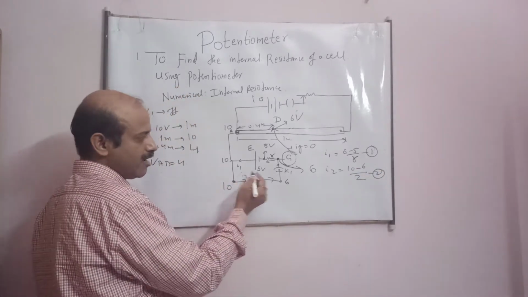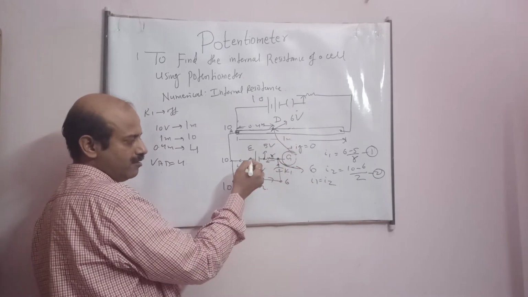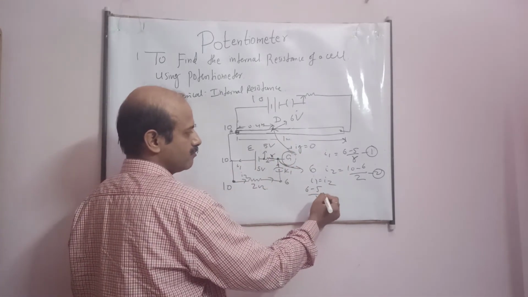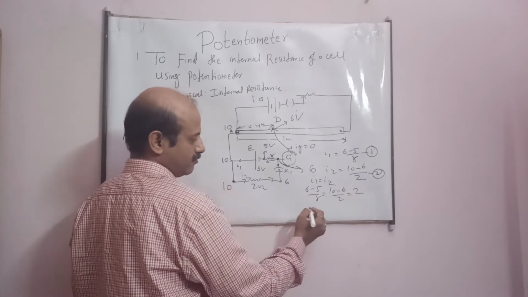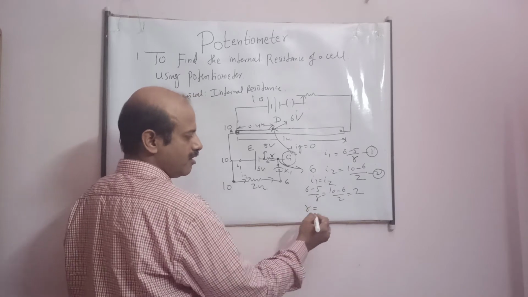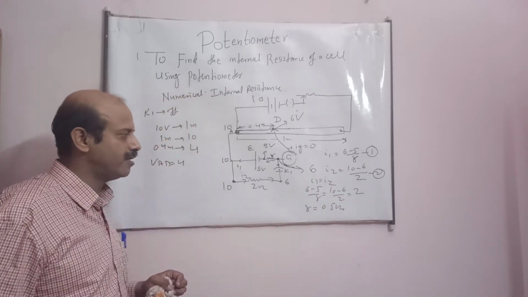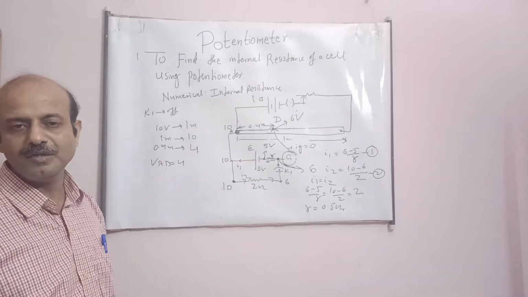But student, you can see I1 is equal to I2 because here there is no current. Equate these two equations, student. You will get R is equal to 0.5 ohms. See, student, how I have calculated the internal resistance of the cell using the potentiometer experiment.